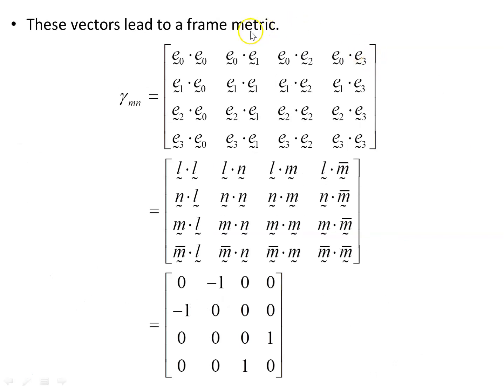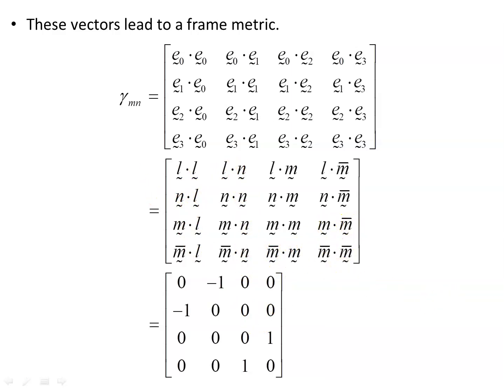All right, now these vectors lead to a frame metric if we take the scalar product of these, which is these objects here. And when we do that, given the normalizing, orthogonality, and null conditions from earlier, we end up with this frame metric here. All the others drop out except for L dot N, N dot L, and over here, M bar dot M and M dot M bar.